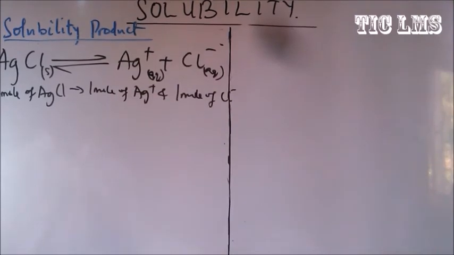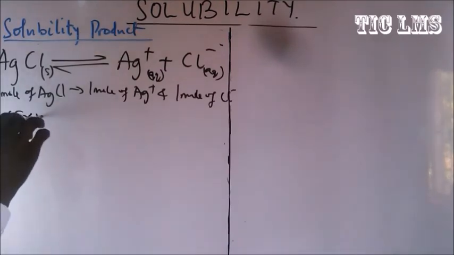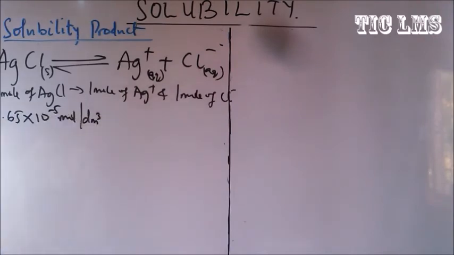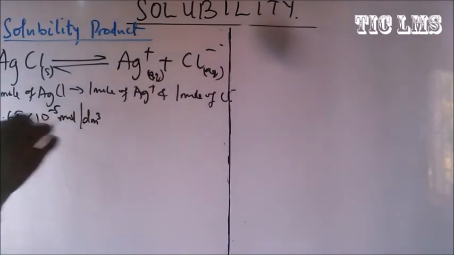In the question, we're told that the solubility of silver chloride is 1.65 times 10 raised to the power minus 5 mole per dm cubed. That is, this is the number of moles in 1 dm cube.